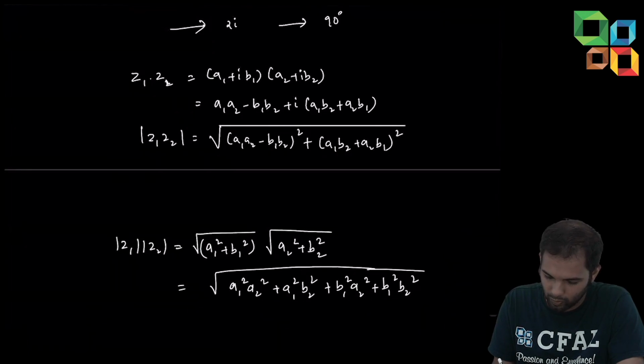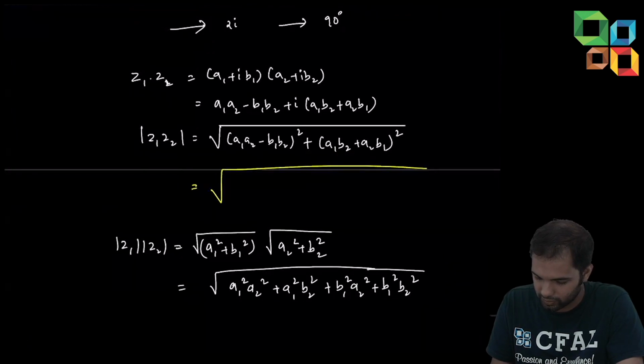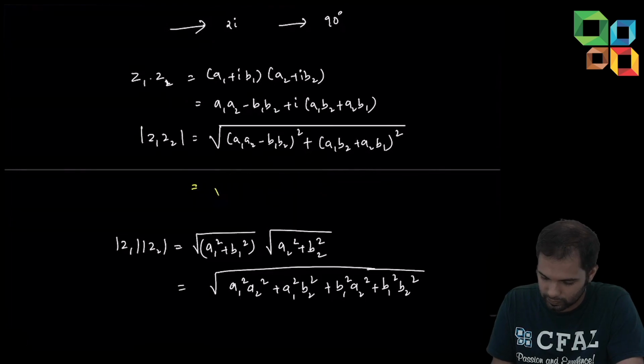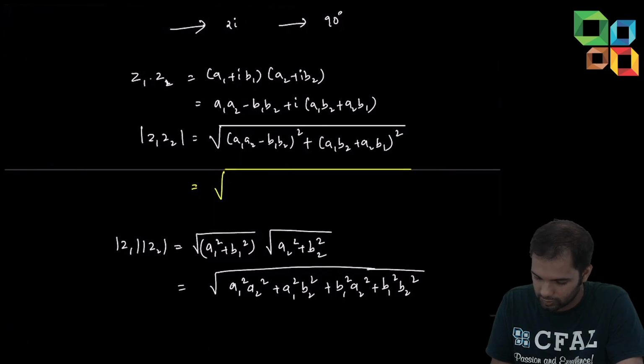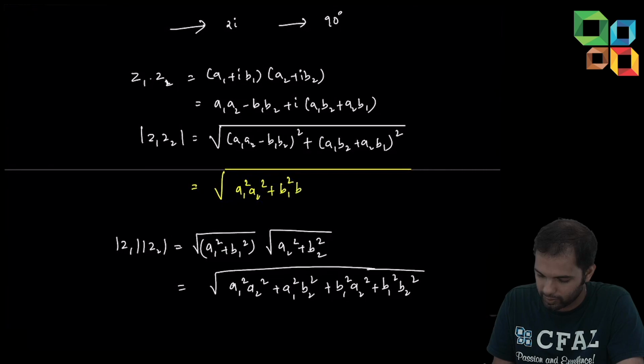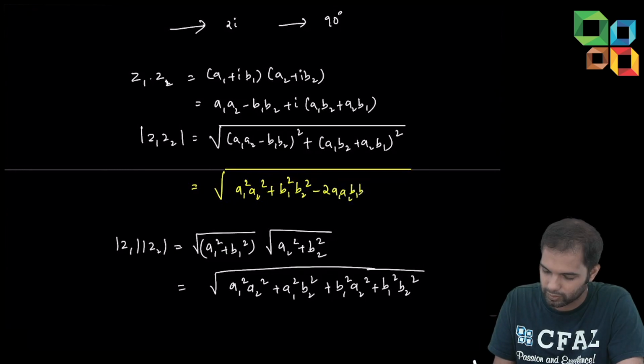So what will the square root change to? You can see that this is nothing but A1 square A2 square plus B1 square B2 square, and there is a 2AB term which is minus 2 A1 A2 B1 B2.